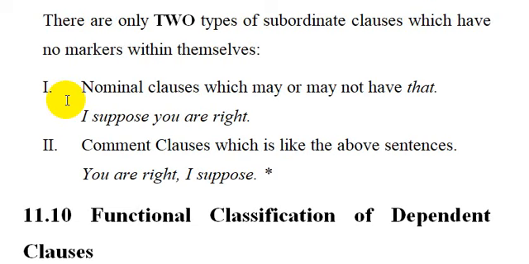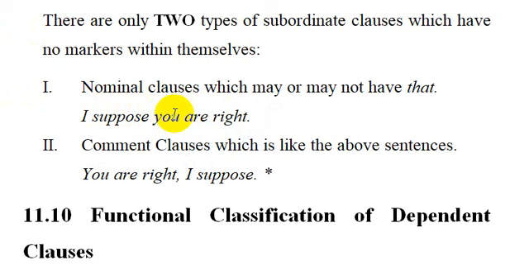So, number one, nominal clauses which may or may not have that. Of course, nominal clauses do not always take that. For example, I suppose you're right. Here, there could be that before you: I suppose that you're right. Okay, we can delete it easily.